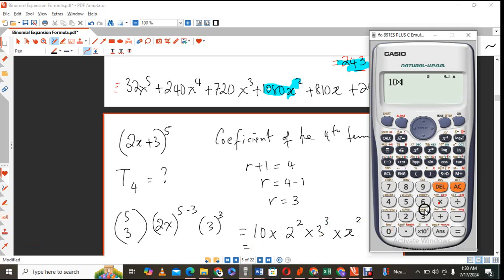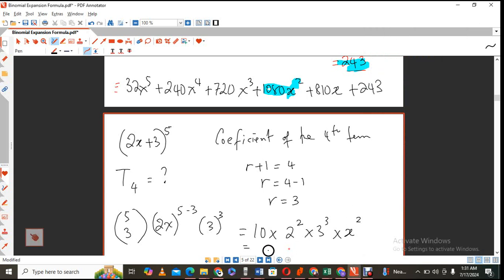So that's 10 times 2 squared times 27, or 3 cubed. Well, let's just go back. 3 cubed. Right, do you see that I get 1080? Okay, so it's 1080x squared. Well, of course, that is that term. So if I was to ask you what is the fourth term, that's what you will be doing.